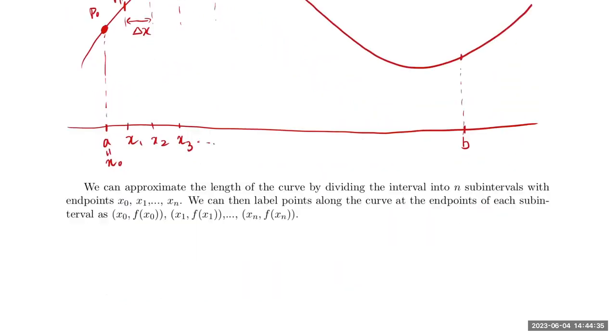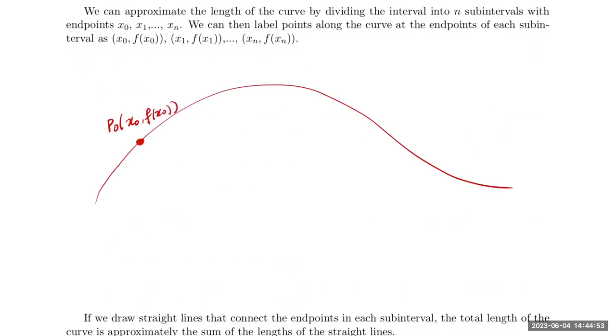So let's say we have another curve, for example, say this is going to be our curve. And we try to connect the points here. So if we say this is P0, being (x0, f(x0)), and let's say we have another point here being P1, (x1, f(x1)), and another point here being P2, (x2, f(x2)).